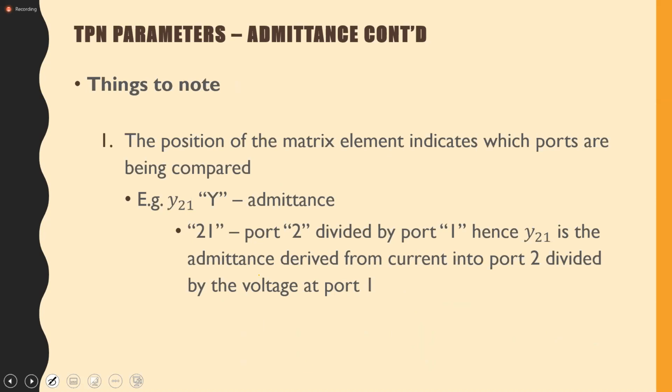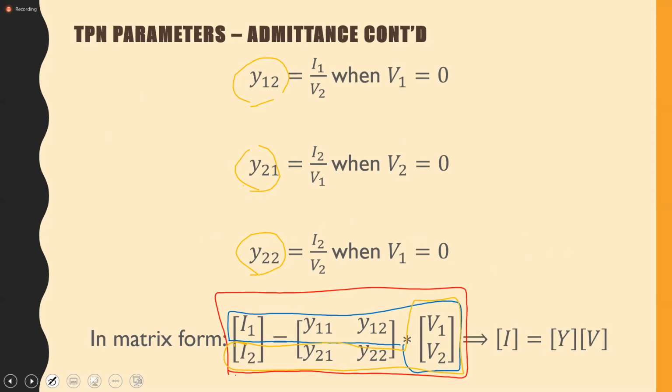So first thing, the position of the matrix element indicates which ports are being compared. So let's go back now. Y11, the position in the matrix is 1, 1. 1 represents input. Yes? In our case, the 1 is input and the 2 is the output.